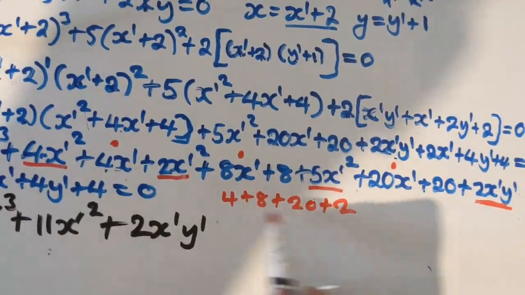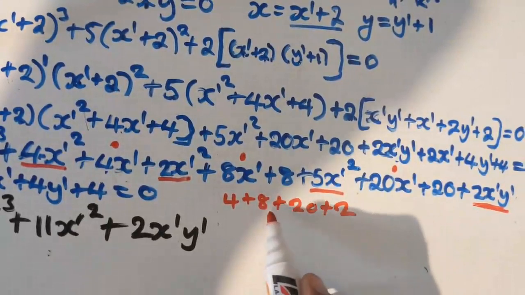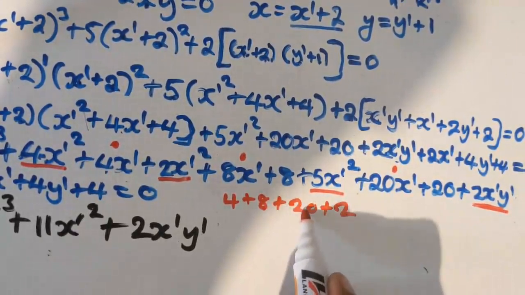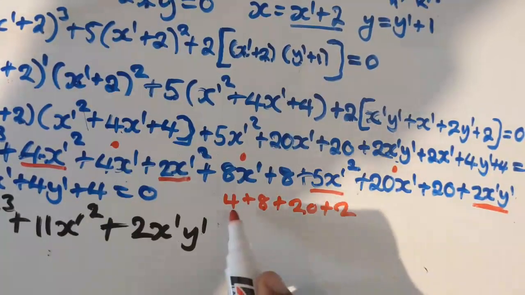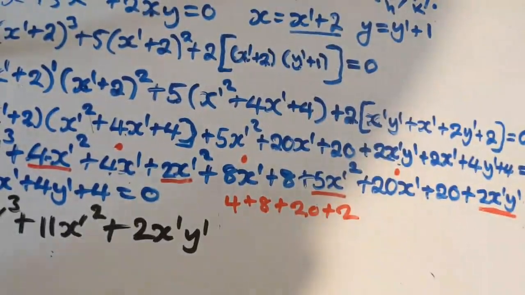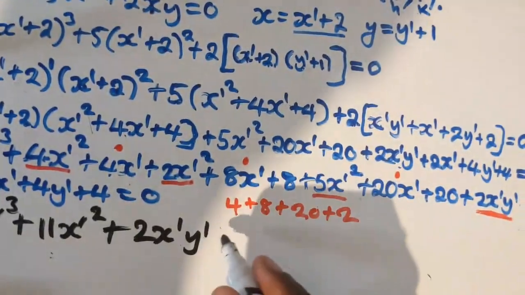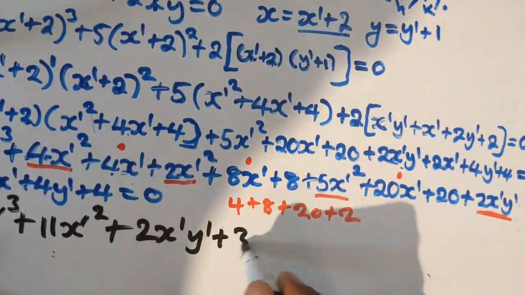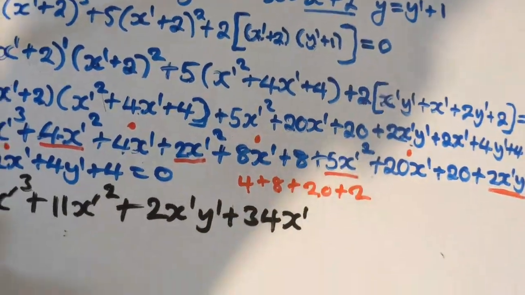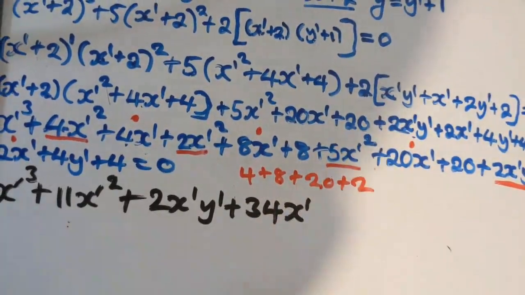So just add this. Okay, so you know that 8 plus 2, it's 10. 10 plus 20, we have what? 30. 30 plus 4, we have 34. So meaning that we are going to have positive 34x prime, like that.